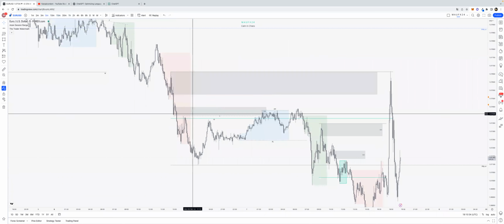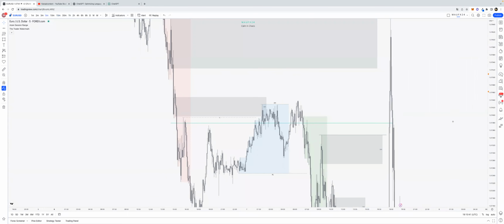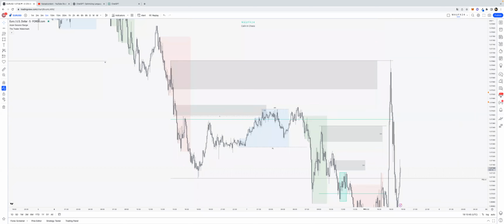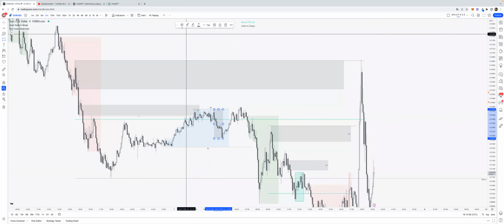Above that, we have a beautiful 5-minute POI sitting there, and we got Asia high over here forming equals. I think Riz mentioned this as well today, and I noticed the same thing. On the 5-minute chart, Asia has these beautiful early sellers, and that's a pretty strong confluence you can use.